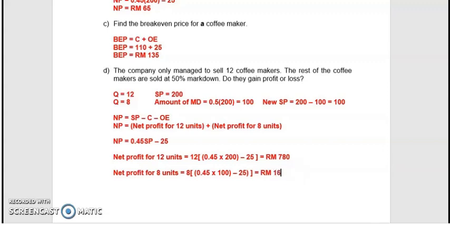So the answer will be 160. So the total net profit for 20 units is equivalent to 780 plus 160, so equal to RM 940. So we still get positive, which means that we still gain profit. If you get negative, it means that you will suffer a loss.